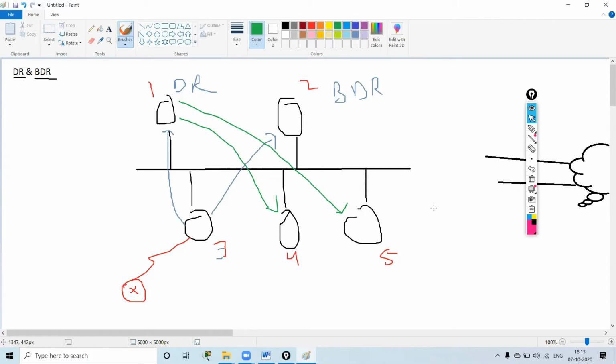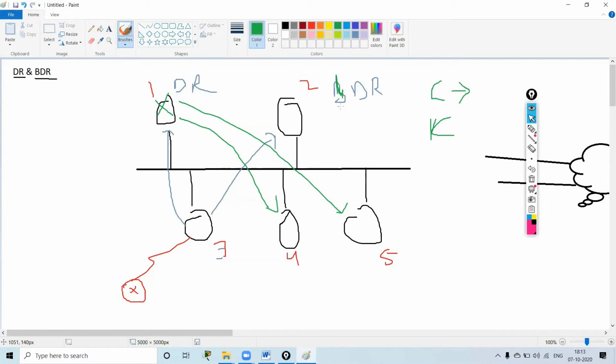Like in our cricket, whatever needs to be shared with the team members, just share it with the captain. The captain will share it with the team members. And if my DR goes down, like if my captain goes down, there is a vice captain on the field who will take charge as the captain.